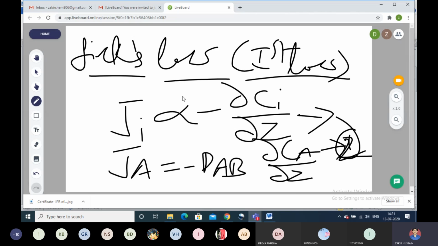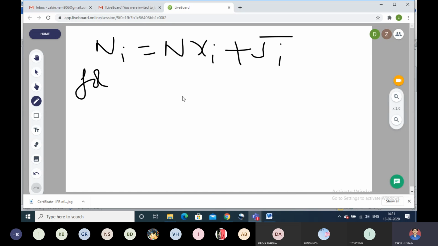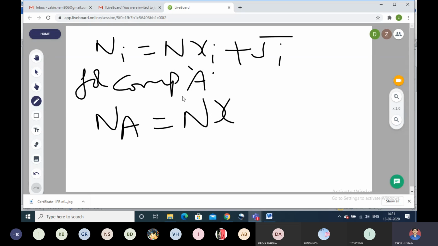I am writing once again the relationship between fluxes: Ni is equal to N xi plus Ji. For component A, in place of i we just write A, which is NA is equal to N into XA plus JA.